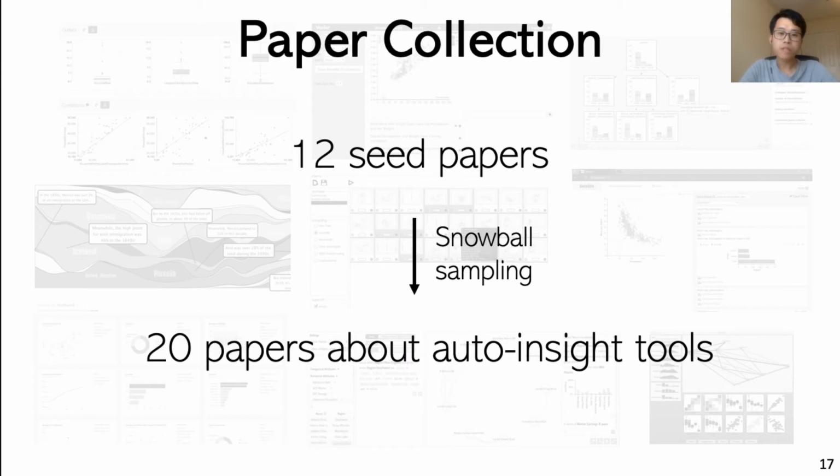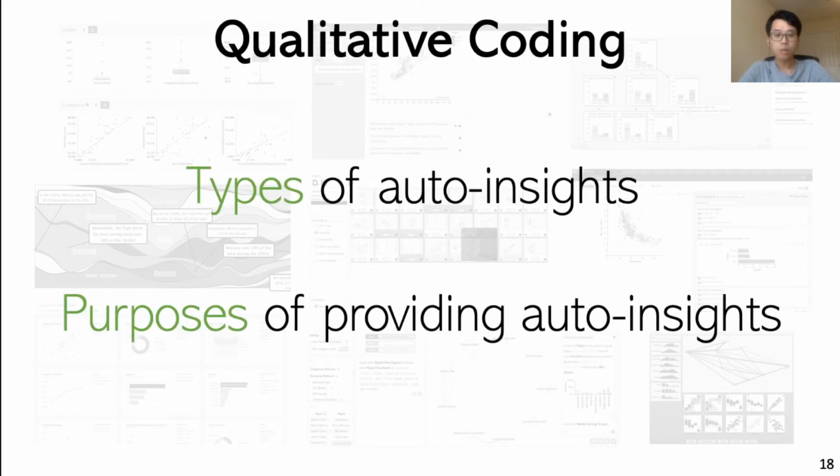With the 12 seed papers, we iteratively collected papers cited by the seed papers and the papers citing the seed papers. In the end, we collected 20 papers that describe some auto-insight tools. And with these 20 auto-insight tools, we coded the types of auto-insights they provide and the purposes of providing auto-insights.